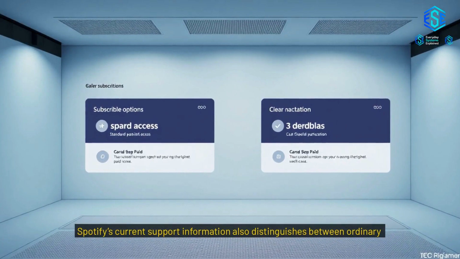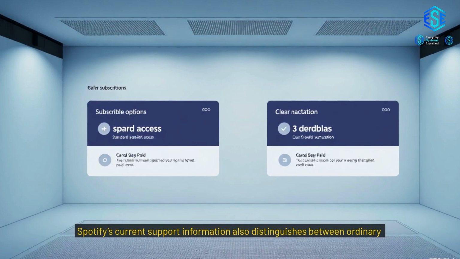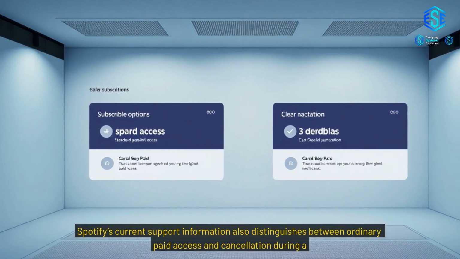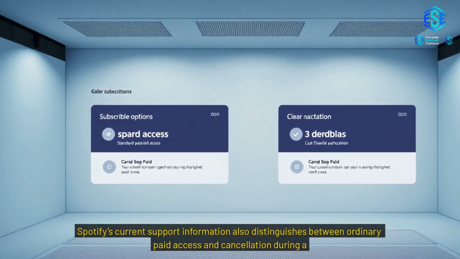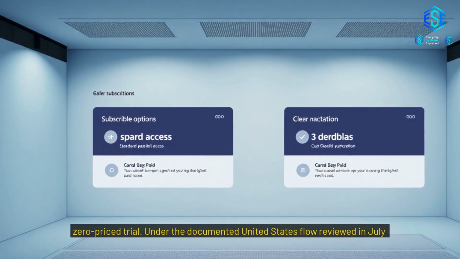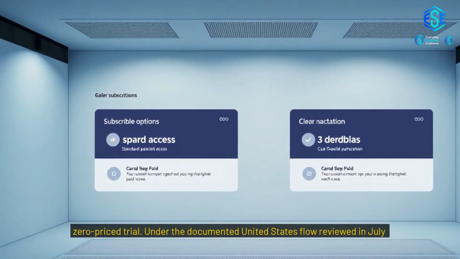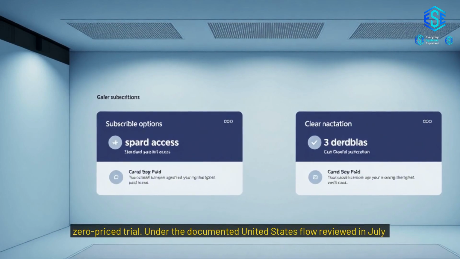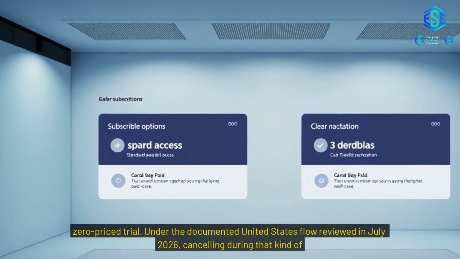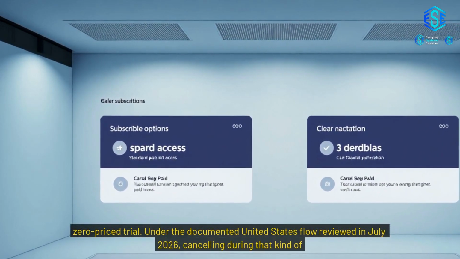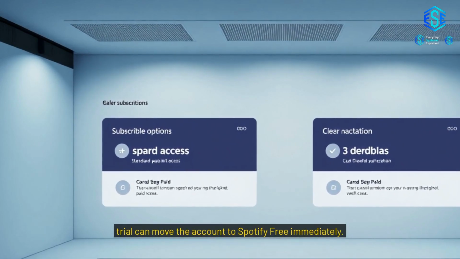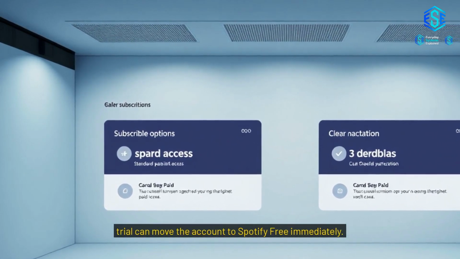Spotify's current support information also distinguishes between ordinary paid access and cancellation during a zero-price trial. Under the documented United States flow, reviewed in July 2026, cancelling during that kind of trial can move the account to Spotify free immediately.